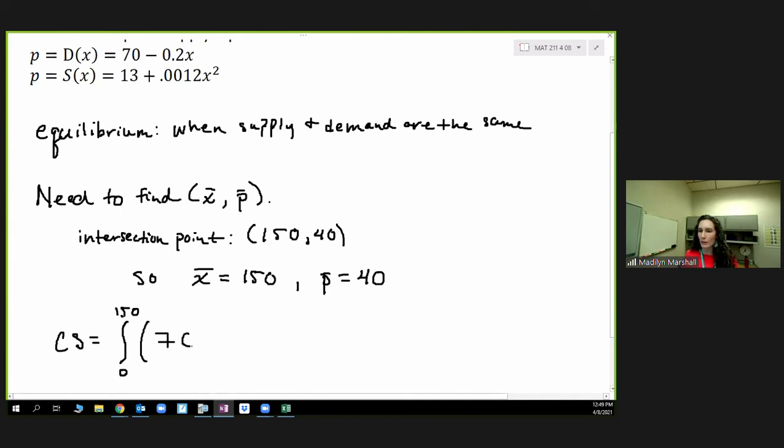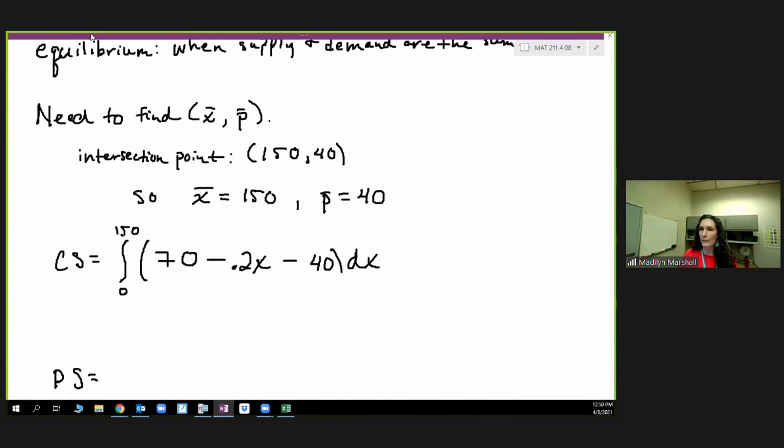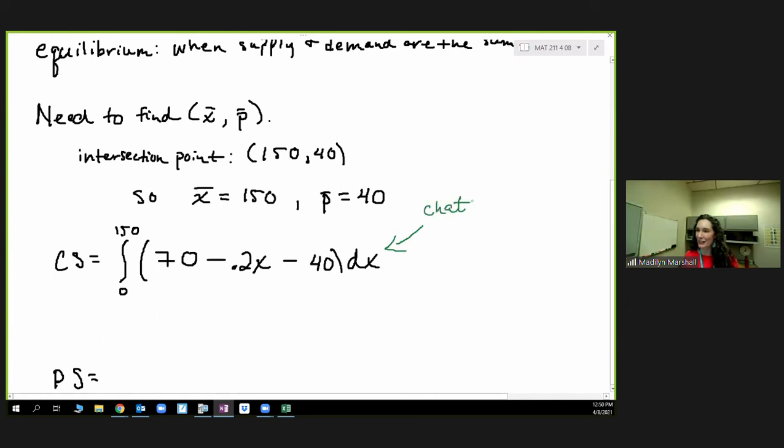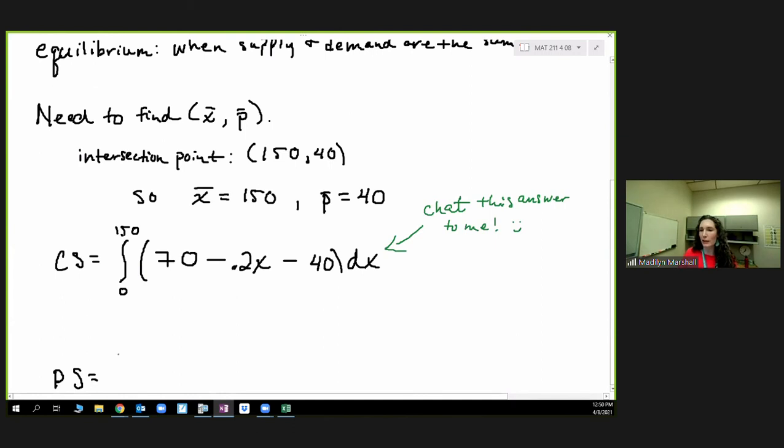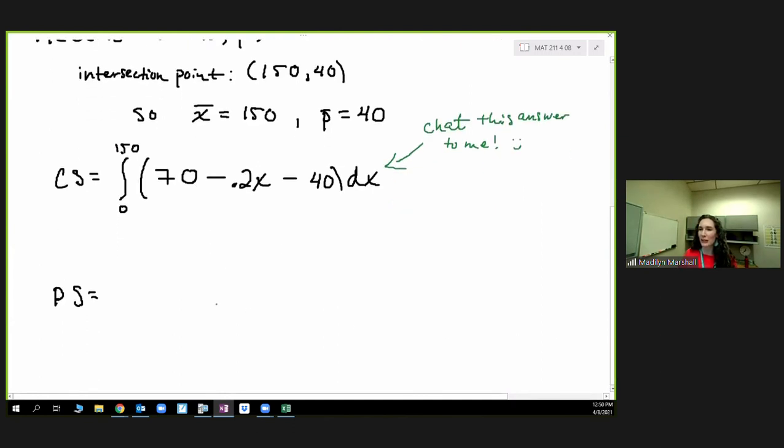So our consumer surplus is demand equation minus P bar. And just this one so I'm not overwhelmed with chats. You can chat just the consumer surplus. And then we'll also calculate the price supply. So you can do both, of course. You only have to chat one to me.